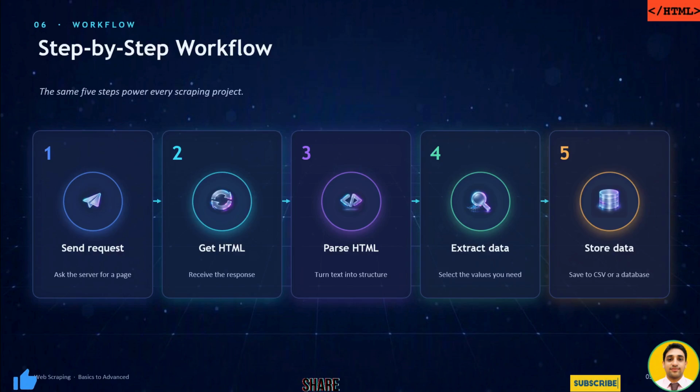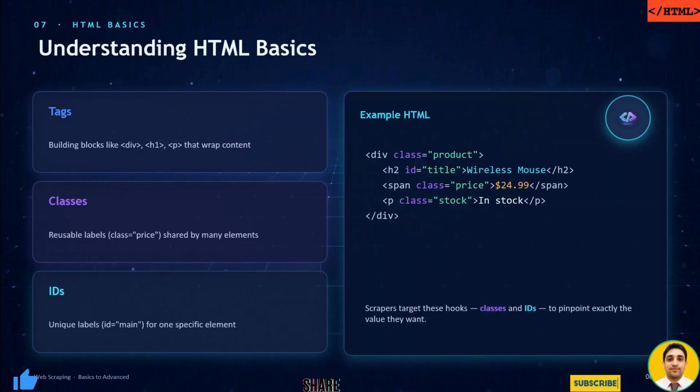HTML basics. Understanding HTML basics. HTML is the backbone of web scraping, as it defines the structure of a web page. It consists of tags such as div, h1 and p, which organize content. Classes are reusable labels assigned to multiple elements, while IDs are unique identifiers for specific elements.